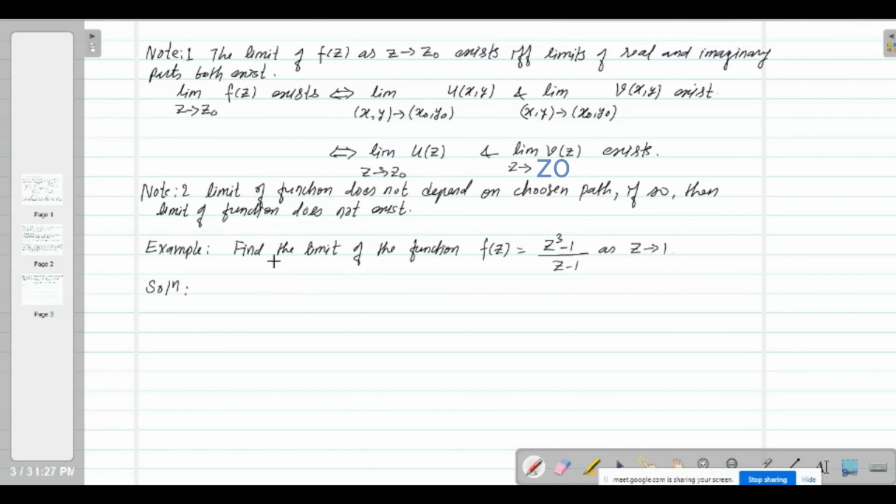Solution. Given function f(z) is (z cubed minus 1) divided by (z minus 1). This function is given to you. Now taking the limit as z tending to 1 on both sides.